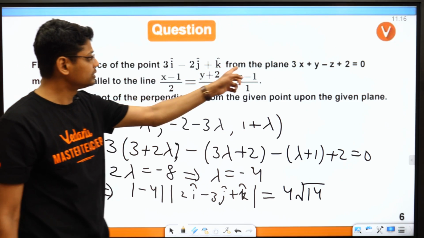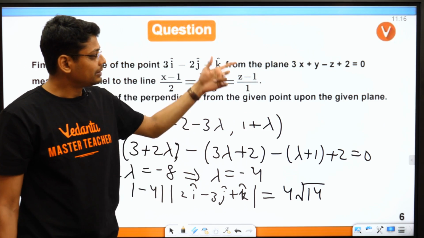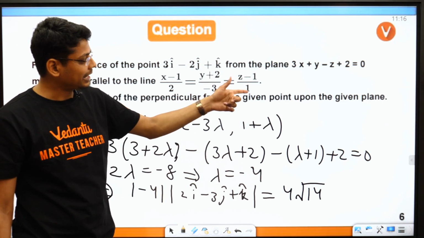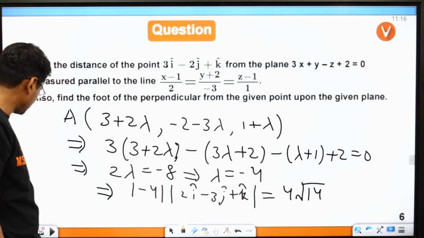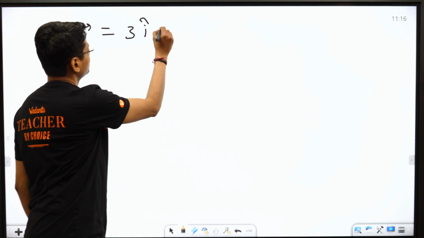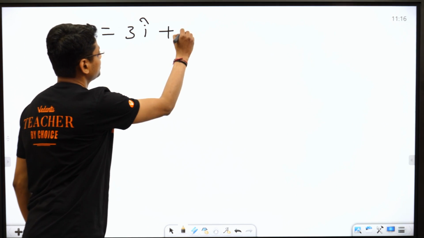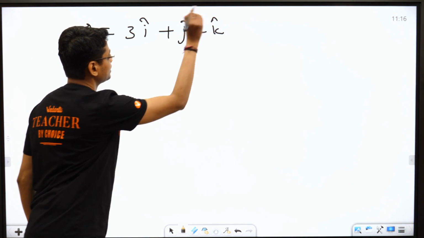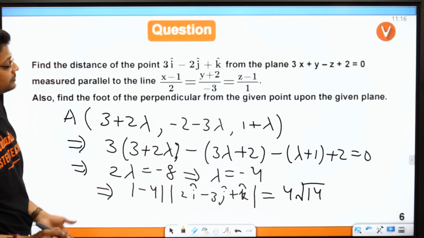So the normal vector to this plane is 3i cap plus j cap minus k cap.